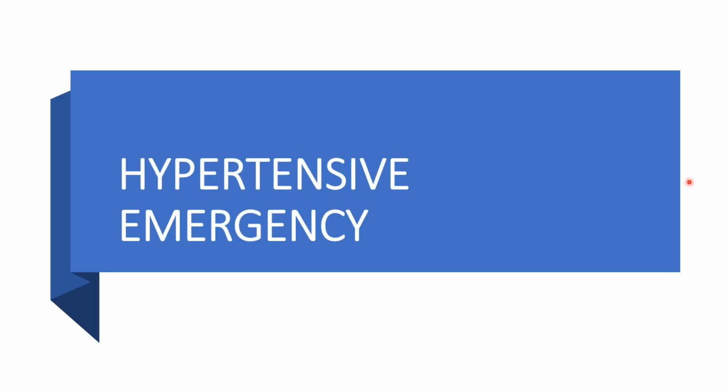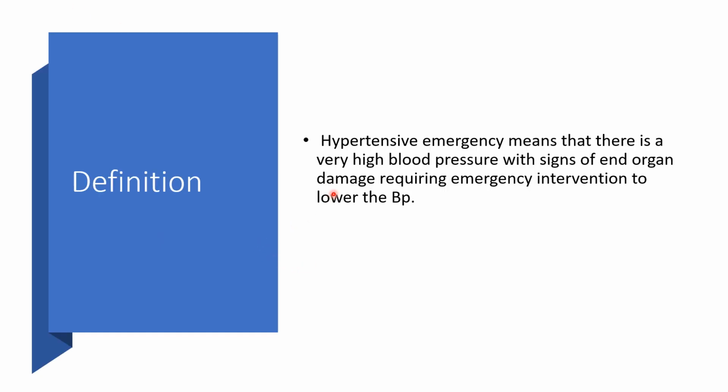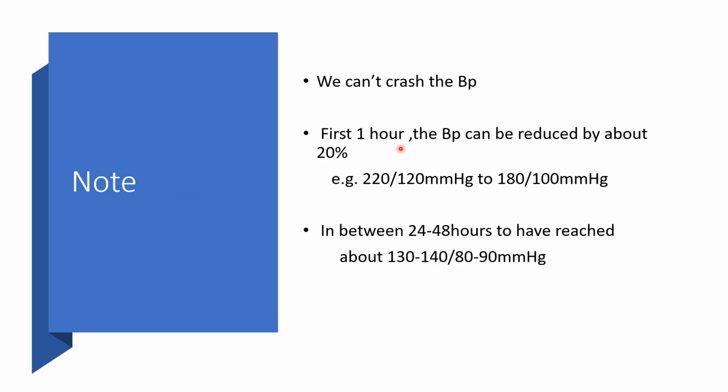Now, hypertensive emergency. By way of a brief definition, hypertensive emergency means there is a very high blood pressure with signs of end organ damage that will be needing emergency intervention to lower the blood pressure. But we cannot crash the blood pressure. Note, we cannot crash the BP.